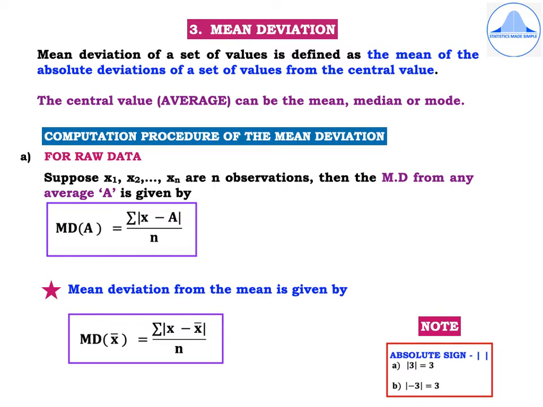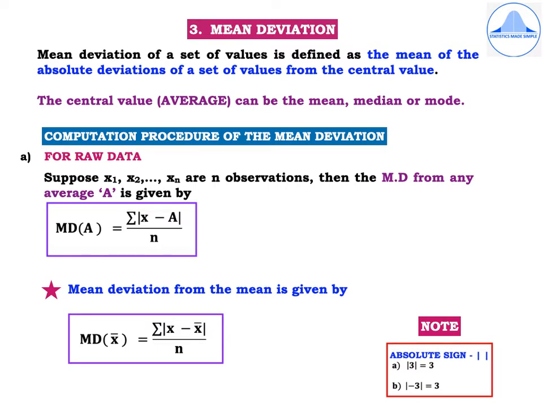Now, at the end of this slide, under note, I have explained the absolute sign because in the definition I have used absolute deviations. The absolute sign is nothing but two straight lines, and within those two straight lines a value is written. For example, under subdivision A, I have modulus. So the absolute sign is also read as the modulus sign.